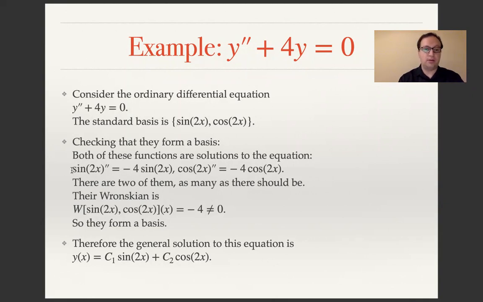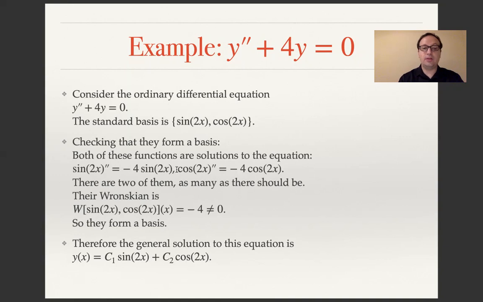Well, let's check. The second derivative of sine of 2x is minus 4 sine of 2x. And the second derivative of cosine of 2x is minus 4 cosine of 2x.